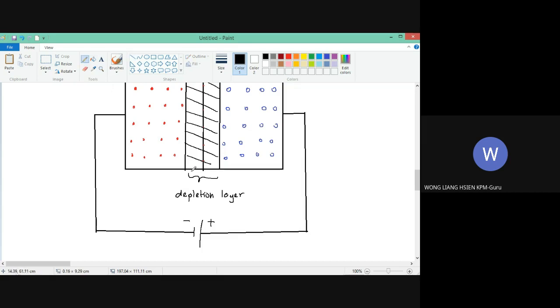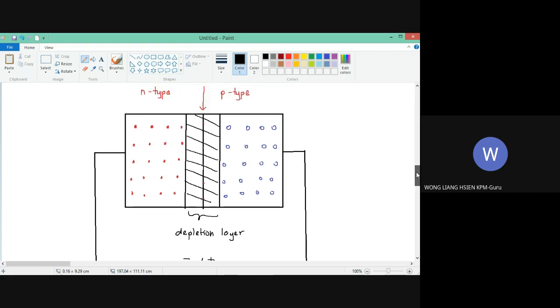So what happened? This negative terminal will repel the electron. This one, the positive, will attract the electron. One side repels electron, one side attracts electron.